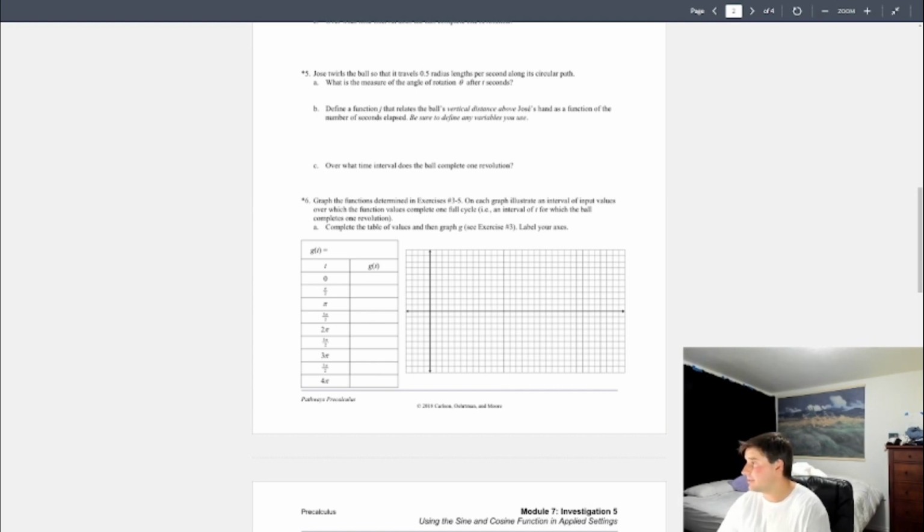What was the radius? I don't even remember. 2.3 foot string. So if I wanted to calculate the actual height, I would make... you can't just make it 1, can you?